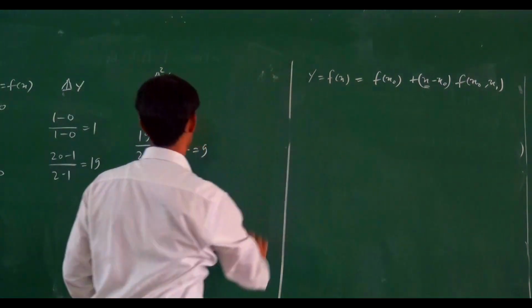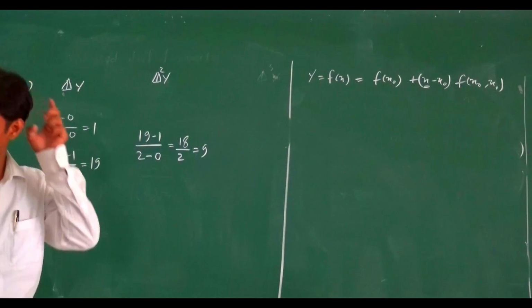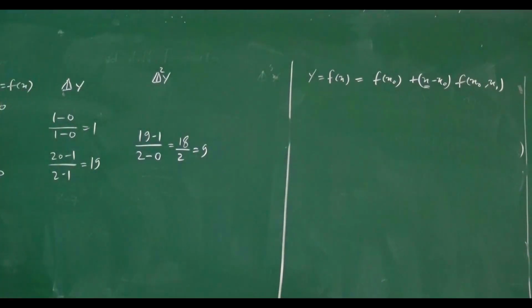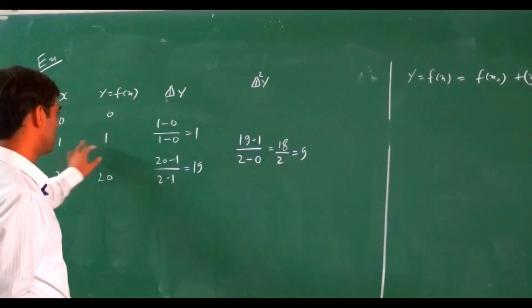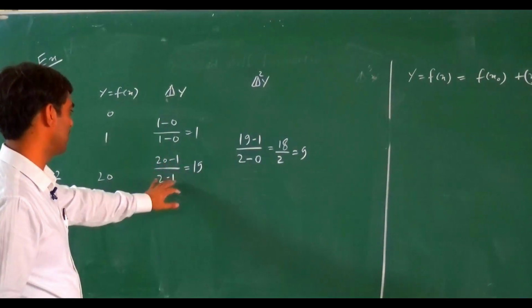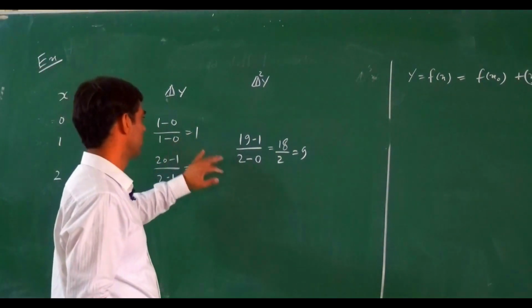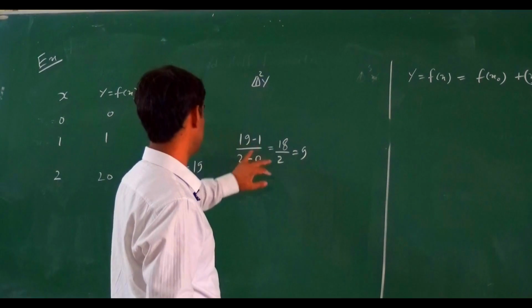So there is only a need for the second order divided difference. 1 minus 0 divided by 1 minus 0. The second one is 20 minus 1 divided by 2 minus 1, which is 19 over 1. Then 19 minus 1 is 18, divided by 2 minus 0.